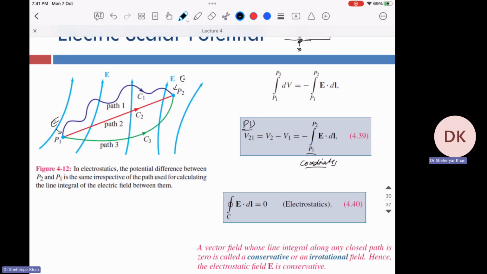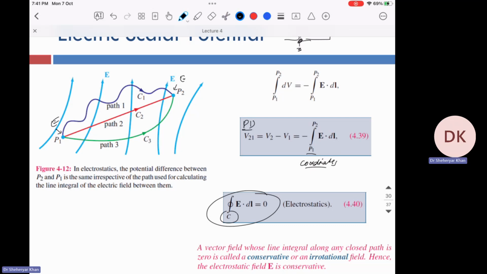And for a closed path, can anybody explain what this means? Why is E dot dl zero?